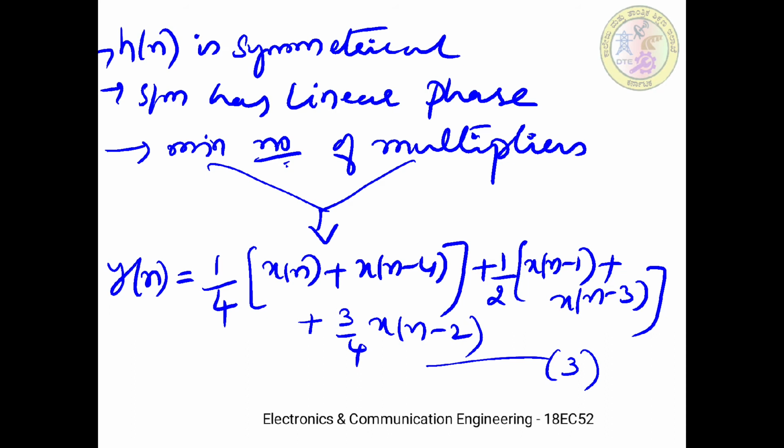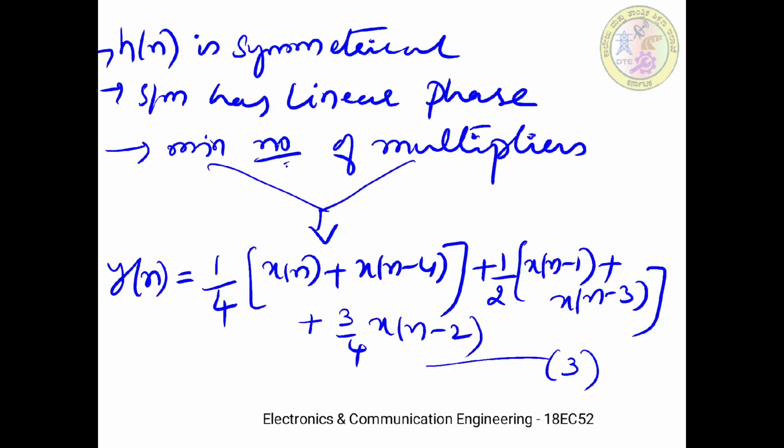Now this is equation 3, for which the linear phase structure is drawn. In order to draw this, we again follow the same concept, using the same delay elements, adders and multipliers. So using this equation it is possible to draw the linear phase realizations.